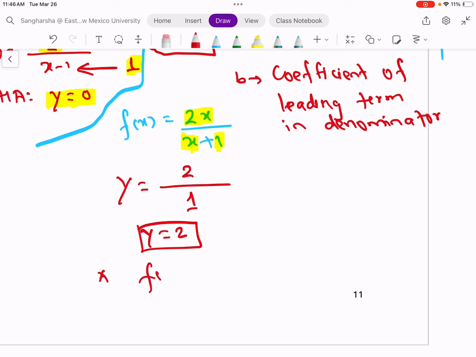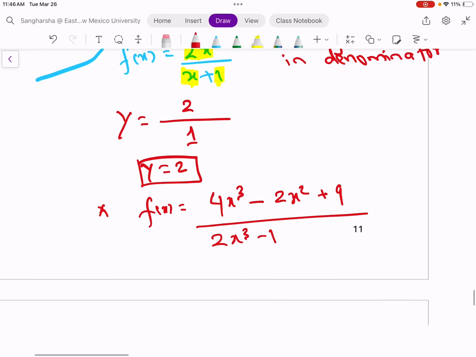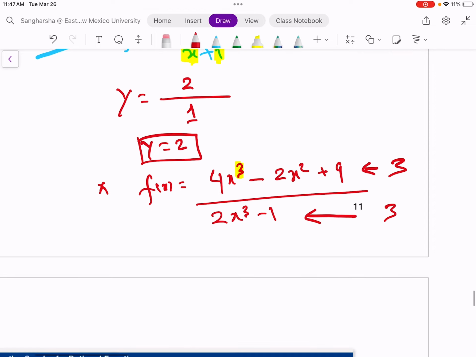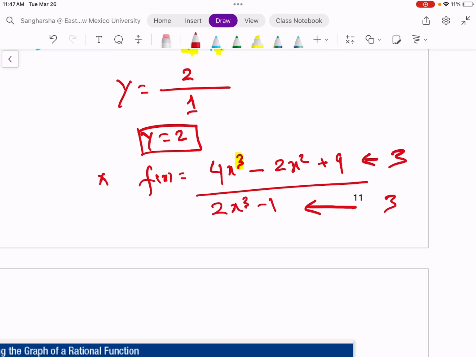If we have f of x equals 4x cubed minus 2x squared plus 9 divided by 2x cubed minus 1, what is the degree in the numerator? 3, because this is the highest exponent, and in the denominator our degree is 3, right? We have equal degrees in the numerator and denominator. In this case, the horizontal asymptote is y equals the coefficient of the leading term.